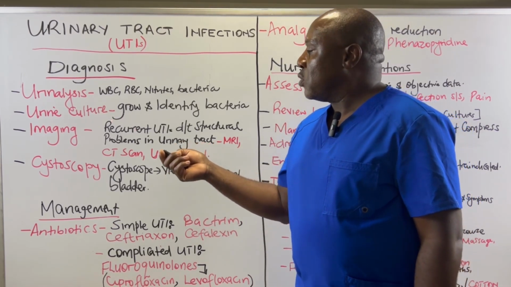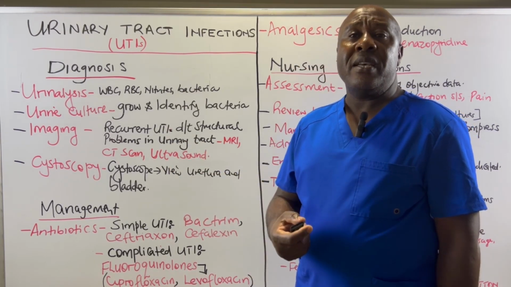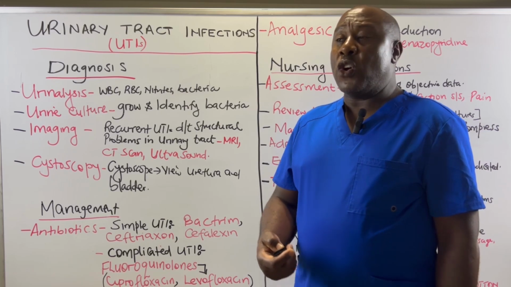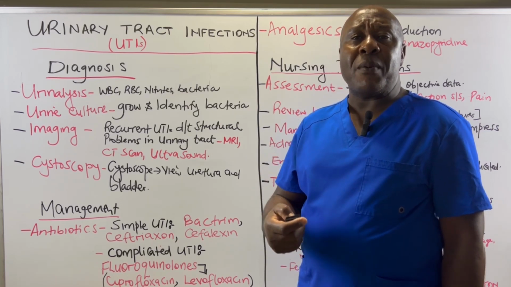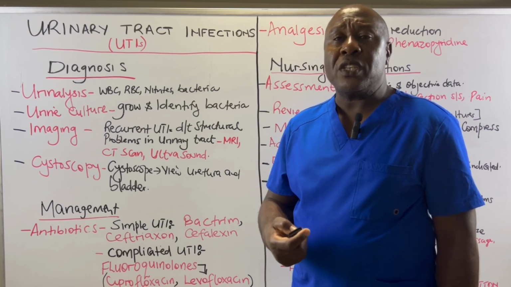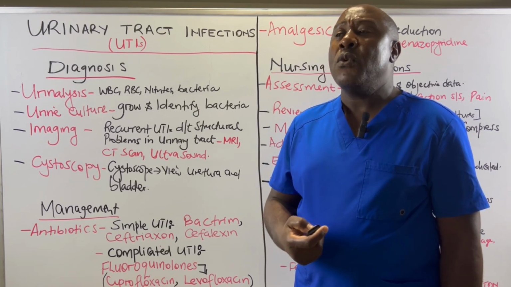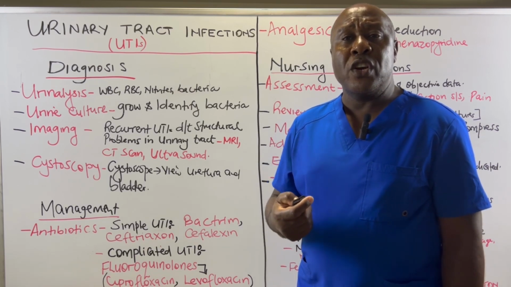Now, recurrent UTI may be as a result of structural problems in the urinary tract. So, structural problems, for example, if a male has an enlarged prostate, the prostate could obstruct urine, and this stagnant urine will become a fertile ground for the growth of bacteria.